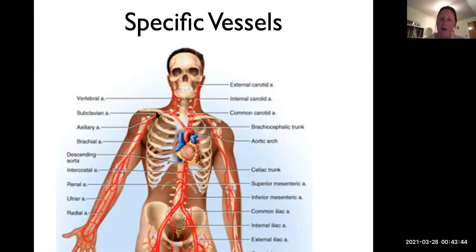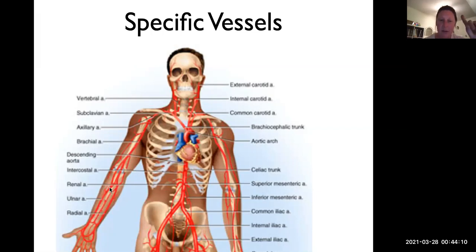The subclavian artery passes through the armpit region, where it is referred to as the axillary artery. The axillary artery delivers blood into the brachial artery. The brachial artery branches and sends blood either to the radial artery.